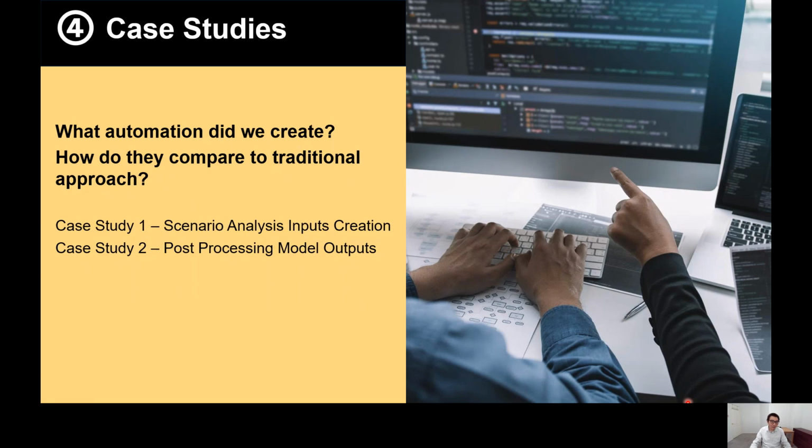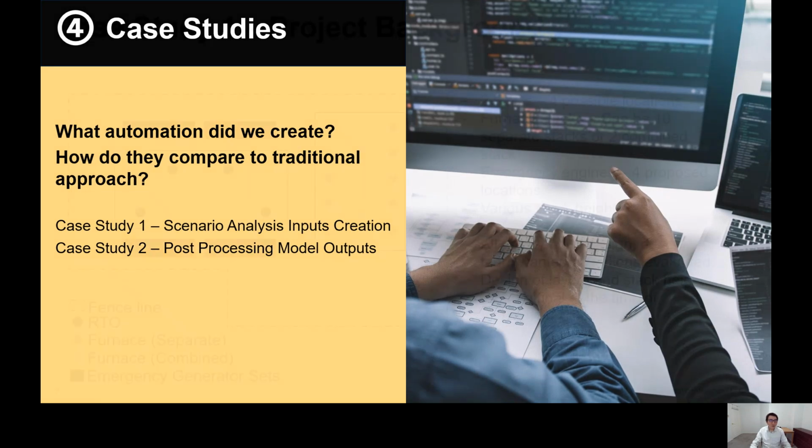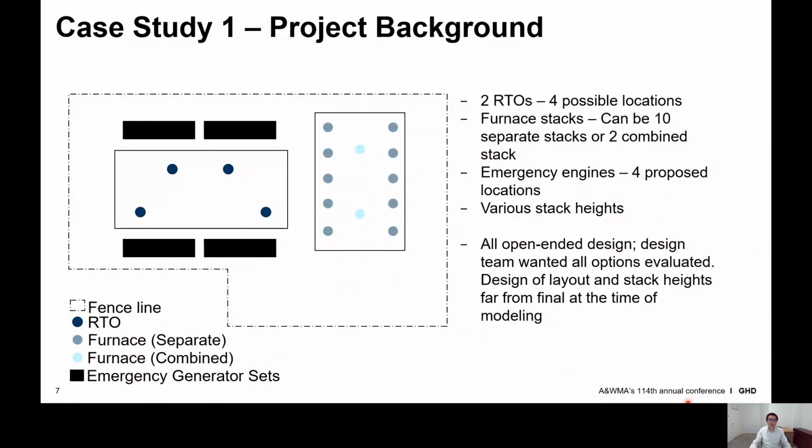And in the second case study, we will be looking at a program for post-processing the model outputs, getting the results, frequency of exceedance analysis, and all those different utilizations.